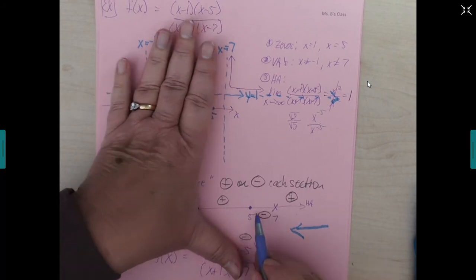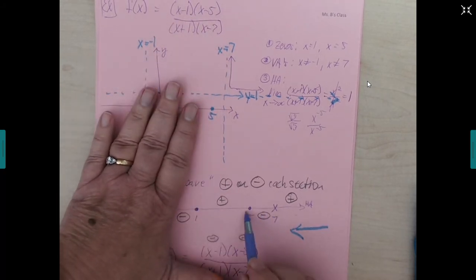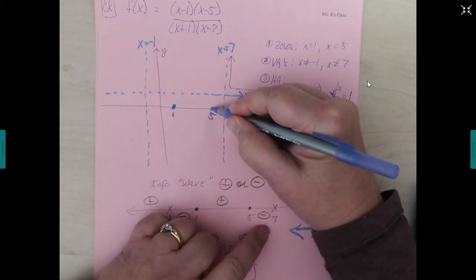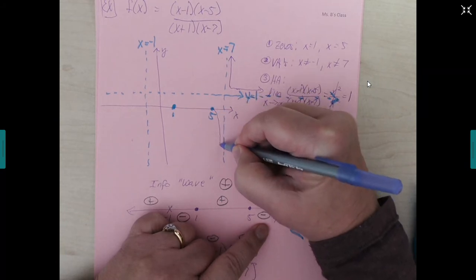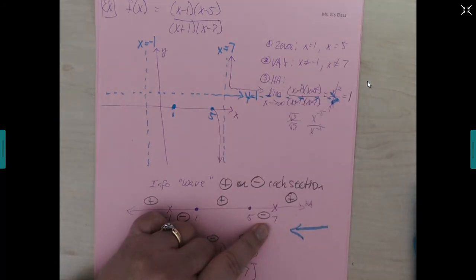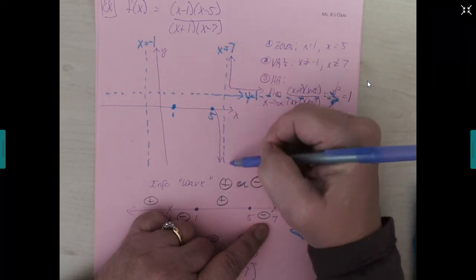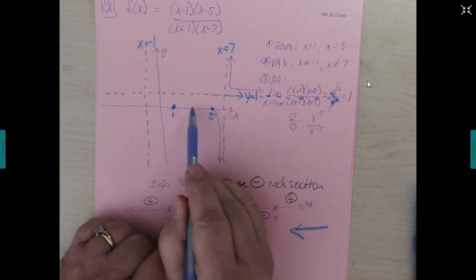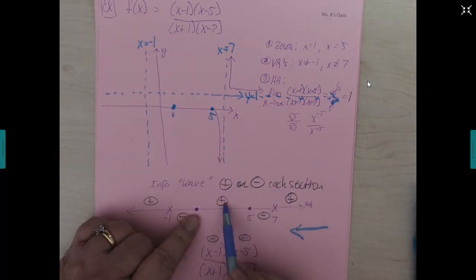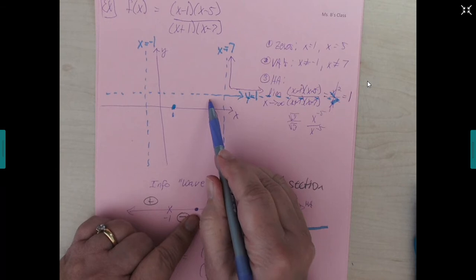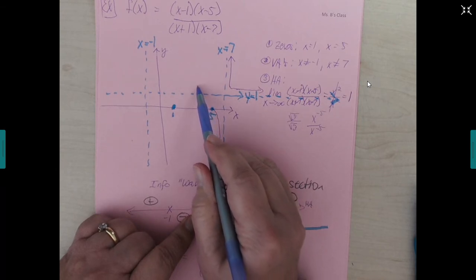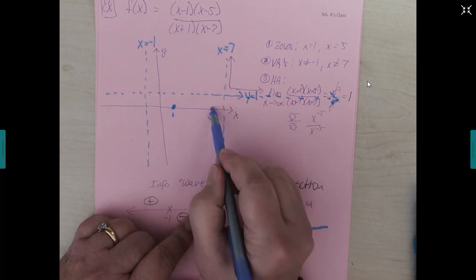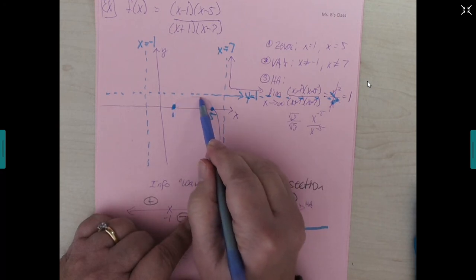All right, next, between this 0 and 7, it's going to be negative. So it's definitely touching the x-axis there. And because it's negative, it's going to go downward. And it will never cross the vertical, remember? Okay, next section, between these two zeros here, it's going to be positive. That means it's going to go up. But remember, eventually it's going to come back down because it's going to cross over at the 0 here, okay? So it's going to do something like that.